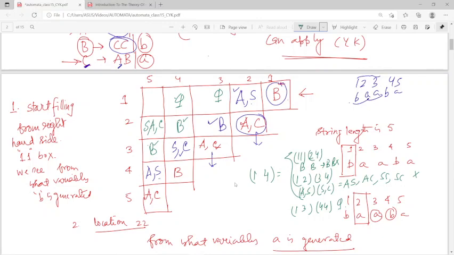And the last thing is 1 5. So in that, many are coming, I think this is a bit confusing, A A again C again A S. Acha, if it is confusing, and why? Because that is a 1 5 cell, right?